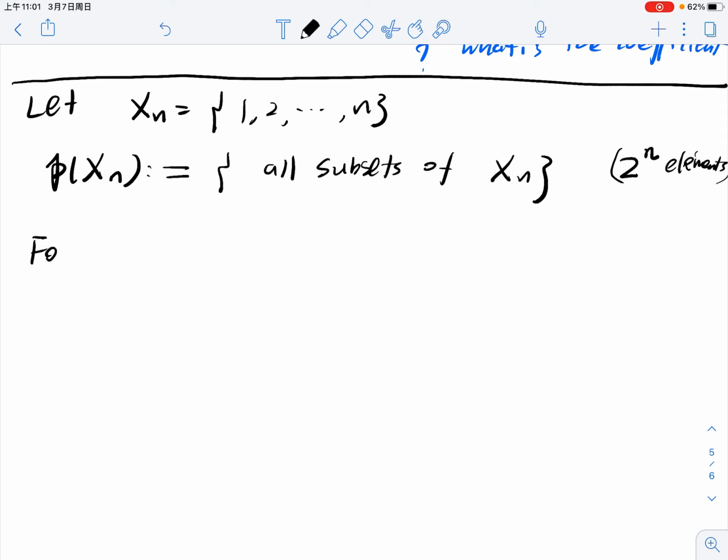Okay, and then we define a function. Sorry. So let's still use the inclusion as a partial order. So a partial order defined by containment.